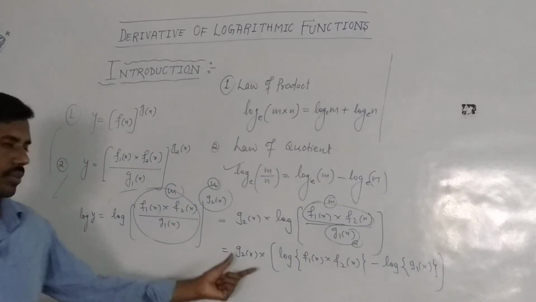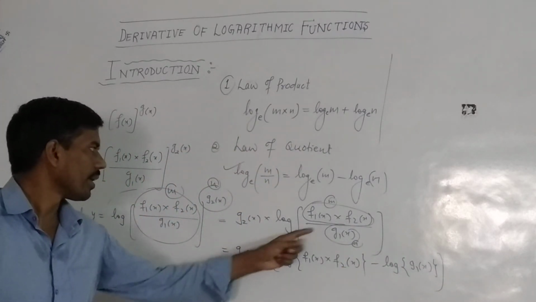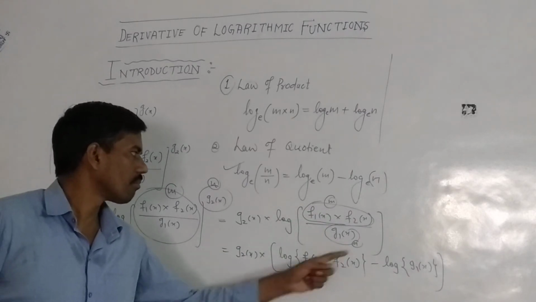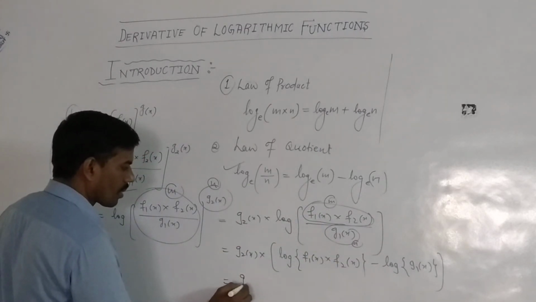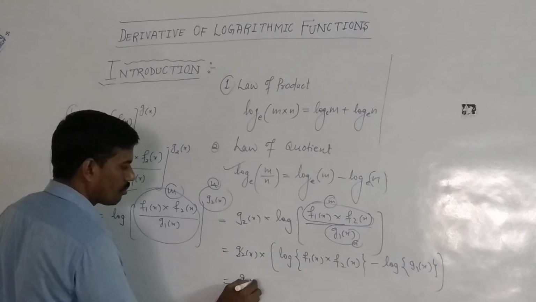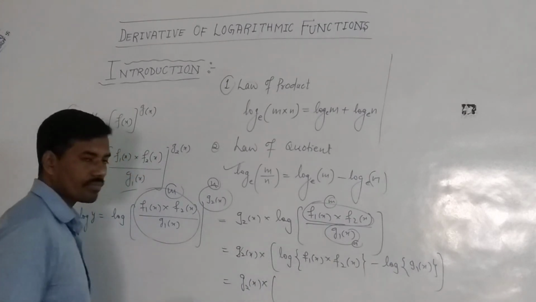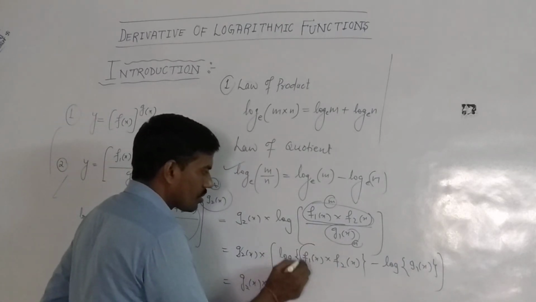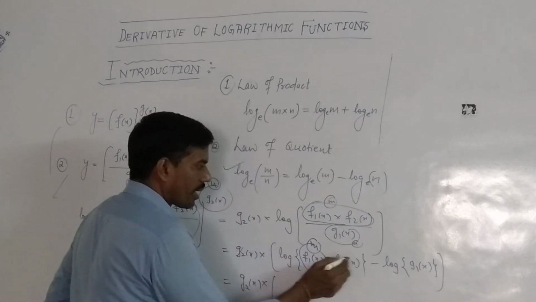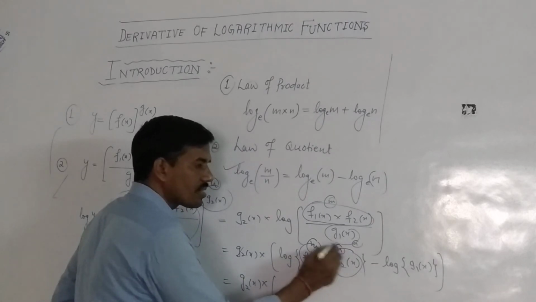Clear? Okay. Log of m by n is log of m minus log of n, and this is equal to g2x into log of m into n. This one is working as m and this one is working as n.